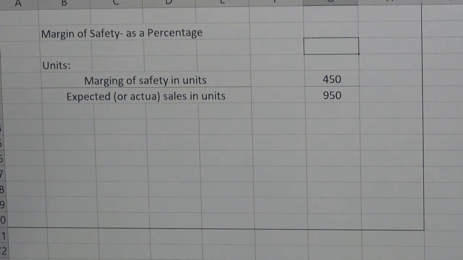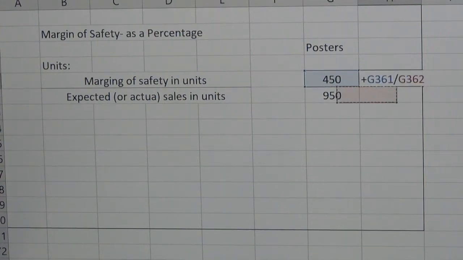These are number of units. So 450 posters divided by 950 posters gives us a percentage of 47.4, rounded to the nearest tenth.